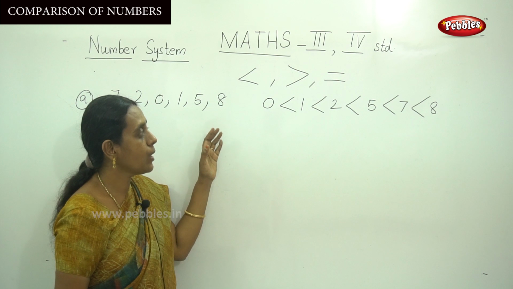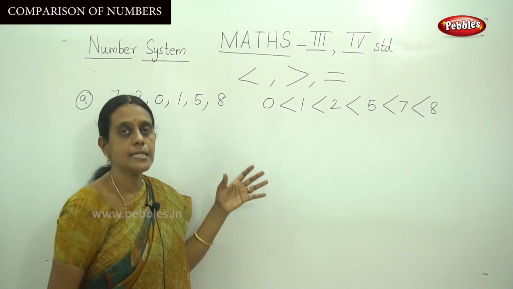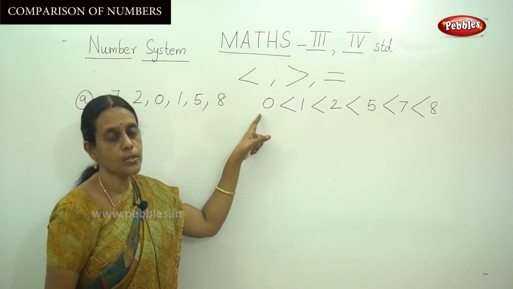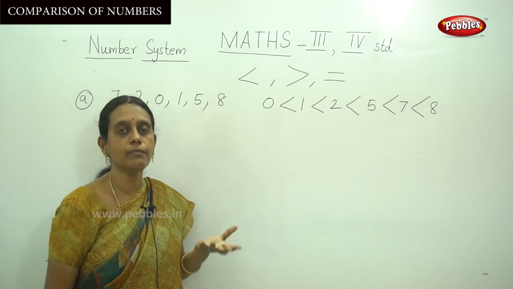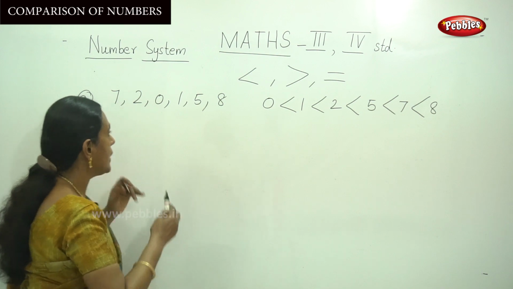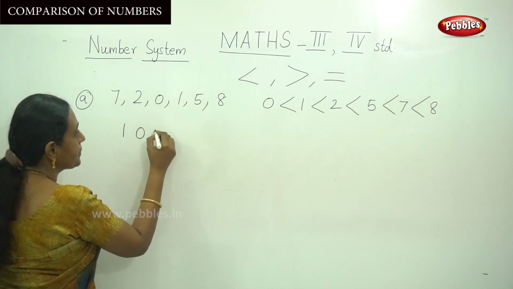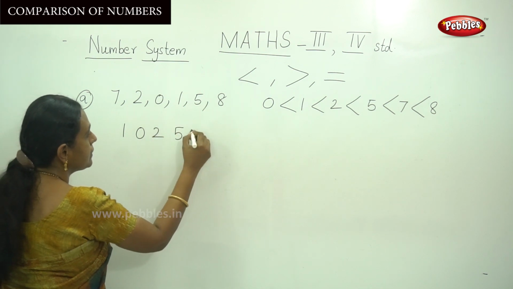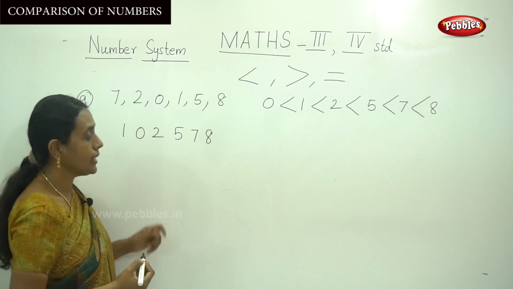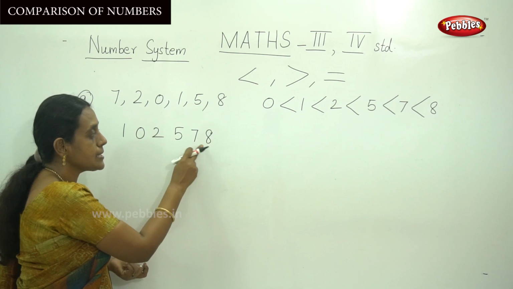So now we can write these 6 digits and make them a single smallest number. First, you should not write 0, because 0 has no value. So first you put the number 1, and next you write the number 0, and 2, 5, 7, 8. For the Indian place value system, you insert a comma after finishing the first 3-digit number.